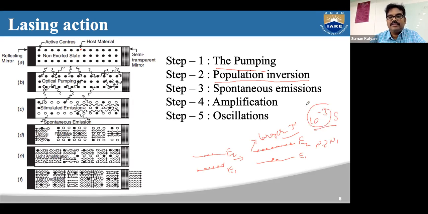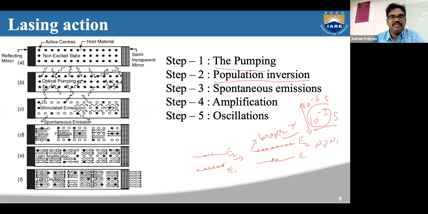Okay, this is the maximum, and the minimum is 10 power minus 6 seconds, that is microseconds. In between these two time scales, the atoms will emit photons and move back to the lower energy state because of spontaneous emission. Okay, this is the third step.